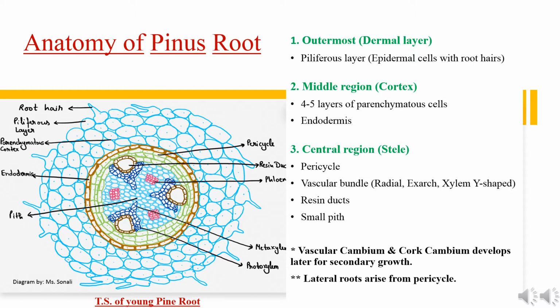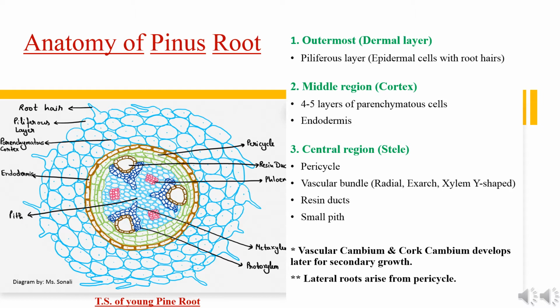This is known as exarch condition. Xylem tissue here is Y-shaped and there can be 2 to 6 xylem tissues present in a vascular bundle depending upon the species. Here 3 xylem tissues are present, hence the condition is known as triarch. With each xylem tissue a resin duct is present.